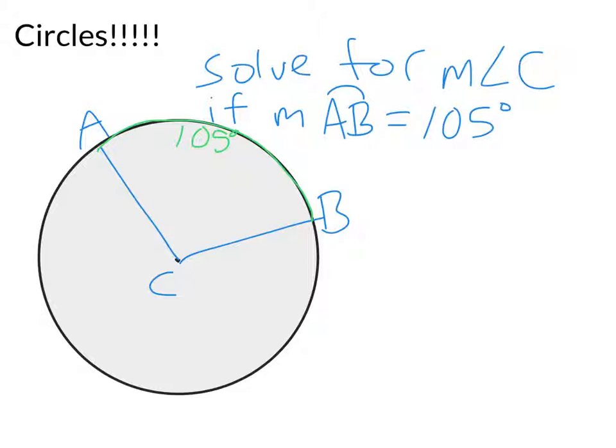Well, C is my central angle. As you can see, we got the dot there that represents the center of the circle. You may even see on a problem that we have circle C. What would that mean for my central angle? Well, my central angle is equal to my intercepted arc, so it is 105 degrees.